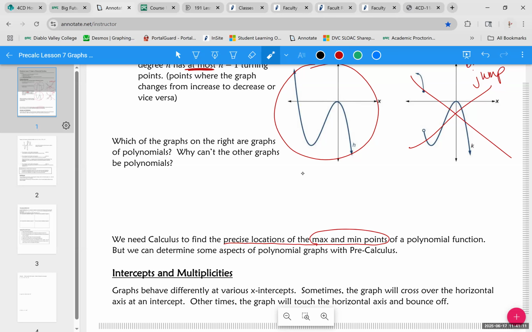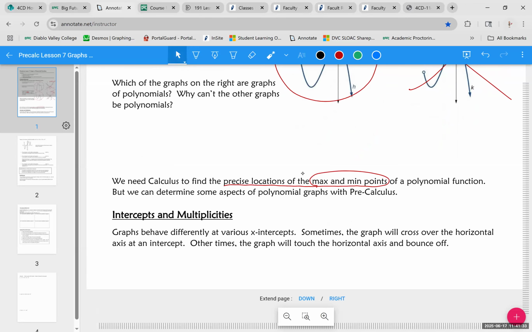So we won't be able to do completely accurate graphs of polynomials in this class, but we can determine some aspects with precalculus. It might just be that we go to graph this and we don't quite hit it as low as it needed to go, so it's a little bit inaccurate in this area, but we still have a general idea of what the graph looks like.